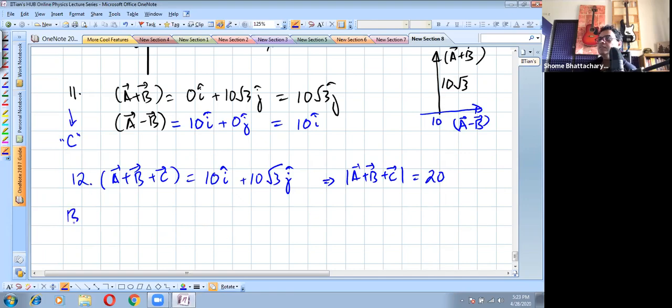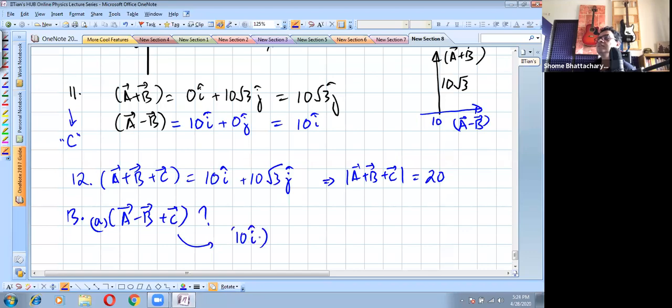13th is a bit tricky. And 13th is that type of question where I'm saying that you should actually go backwards. Check what the options are saying and see which one is correct. So which one of them is a null vector? So calculate each one of these. So for example, A minus B plus C. Is this a null vector? We have to find this out. So work this out. A minus B from above you can see is just 10 i cap.